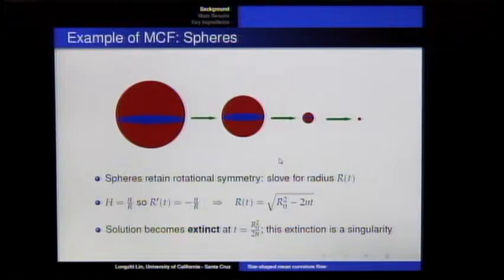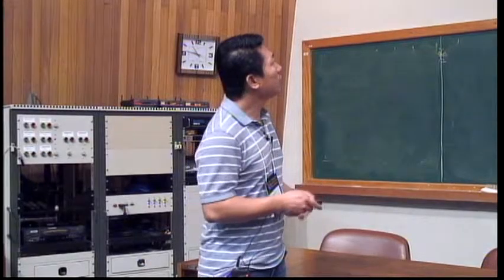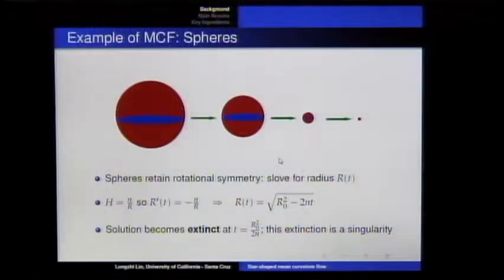If you take the simplest initial hypersurface as the sphere of some fixed radius, then the sphere remains symmetric along the mean curvature flow, right? You move in the direction of the normal. So it stays symmetric. Then the mean curvature flow simply reduces to an ODE for the changing radius.